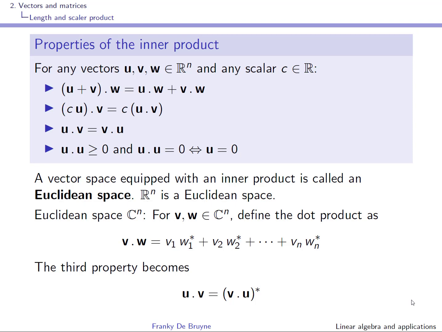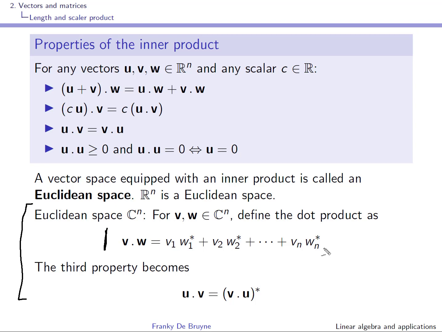Well, we had already seen that Cn is a vector space. So I'm now considering this part over here. So Cn is a vector space. If you define a dot product or a scalar product on Cn, then you obtain a Euclidean space. And if v and w are vectors in Cn, their scalar product is defined as follows.